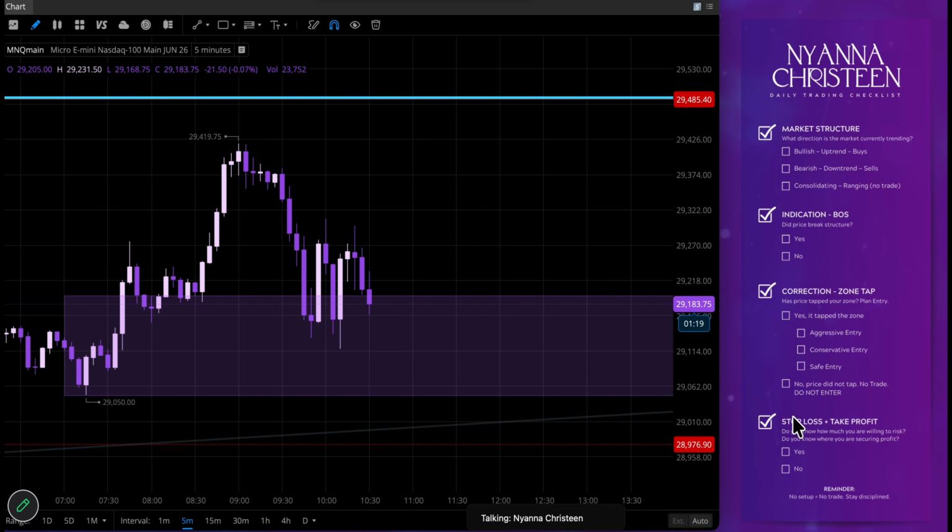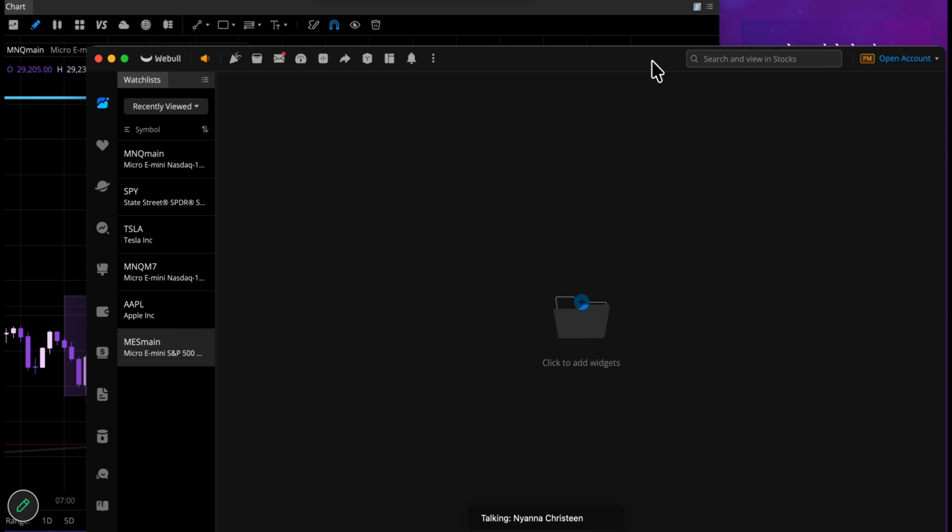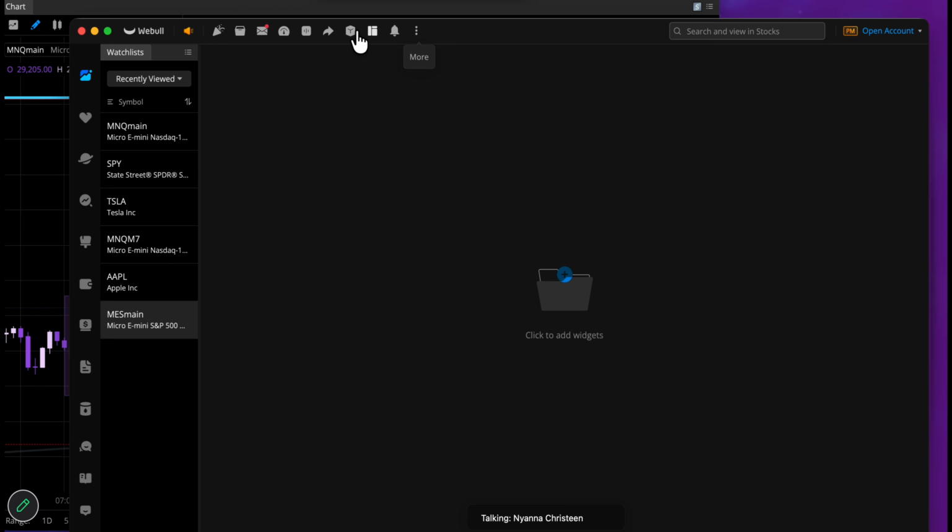How do you change the color of your candles? Let's see. Now I really got to figure it out because I don't know. Hold on, let me see. Okay, let me actually pull it up. So on Webull, where's the chart? I guess it would be here. Niana, you know this. How did I change the color?